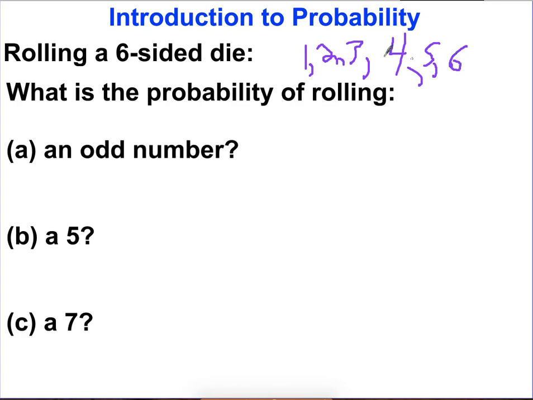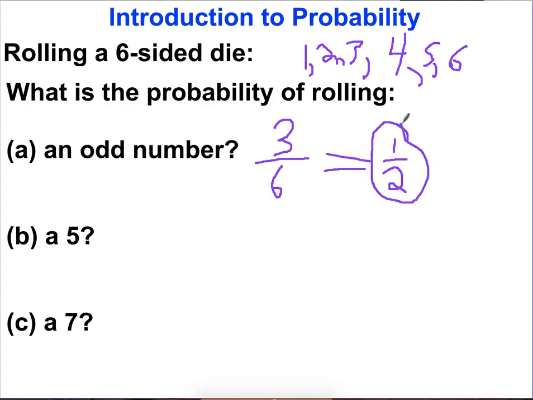If I look at just odd numbers, it's going to be 1, 3, and 5. So there's 3 total out of 6 possible outcomes. Remember, my 6 possible outcomes are my total outcomes. These are the event occurring, or the desired outcome. There's 3 of them, 3 out of 6. With probability, we can leave it as 3 out of 6, or you can simplify it to 1/2. So there's a 1/2 chance that I'll get an odd number when I roll a six-sided die.